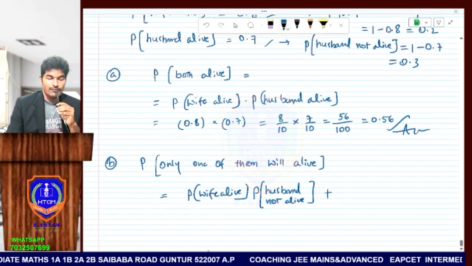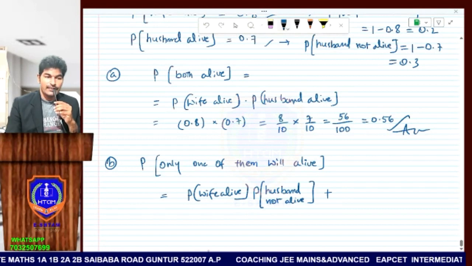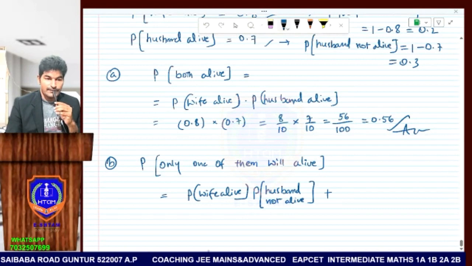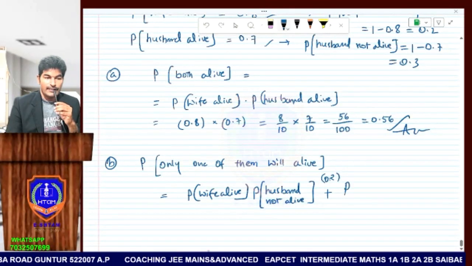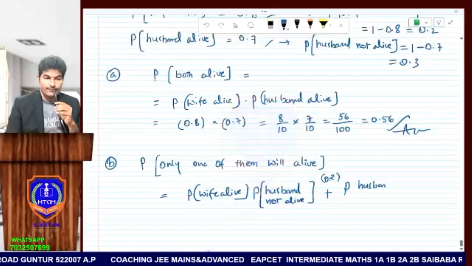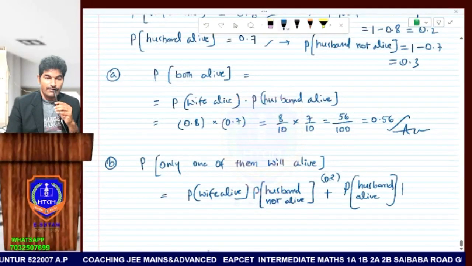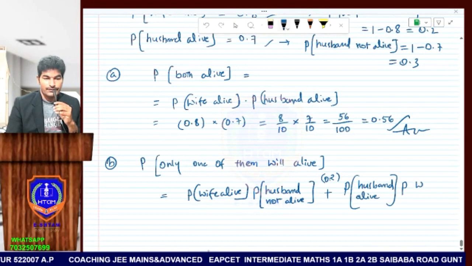And there is one more choice. He's not mentioning the particular person, so two types of choices exist. The first one is wife alive and husband dies, or, which means plus in mathematics, husband alive and wife not alive.